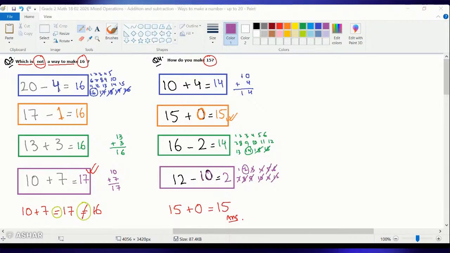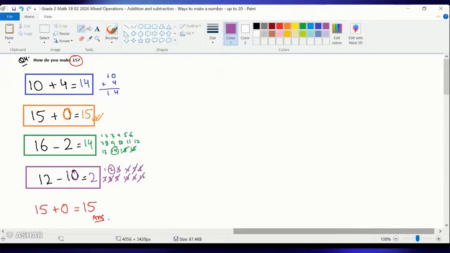Let's have a look at another option. Okay. The next option says, how do you make a 4? Question number 5 says, how do you make a 4?